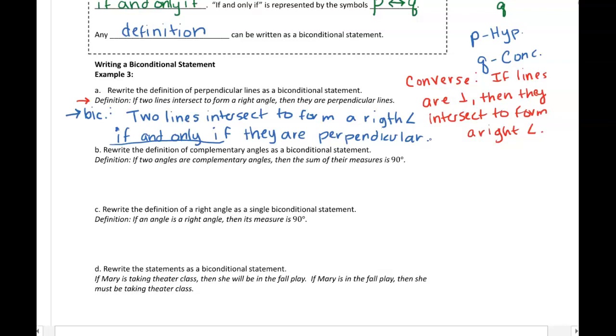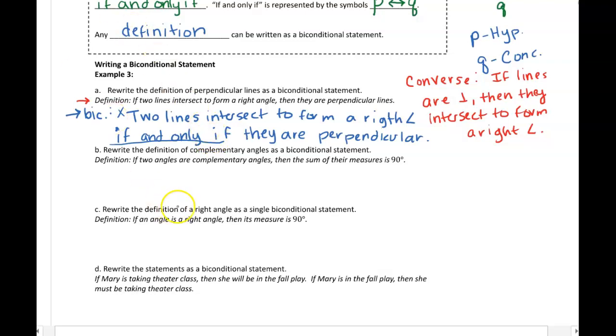So this would be a biconditional statement. Notice there's not an if at the beginning and there's not a then in the middle. It's just if and only if together in the middle that ties those hypothesis and conclusions together.